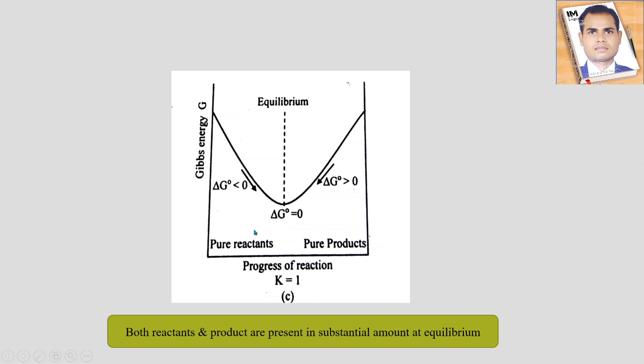Both reactant and products are present in a substantial amount at equilibrium, so the amount of reactant and product will be the same at equilibrium. So this is for the third type of condition.